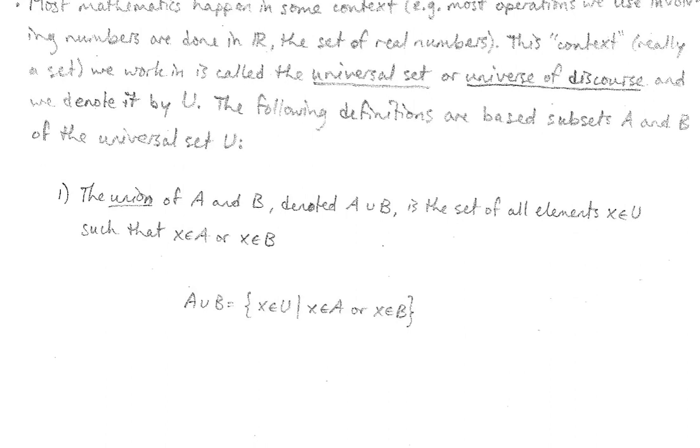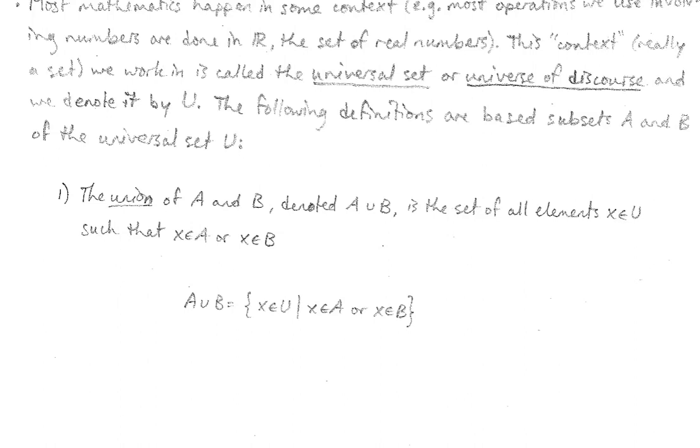First up, the union of A and B. The union of A and B is denoted by A, and then a small uppercase U, and is the set of all elements that are in this universal set U, such that x is in A or x is in B. It can be in both, but how would we write this as a set?